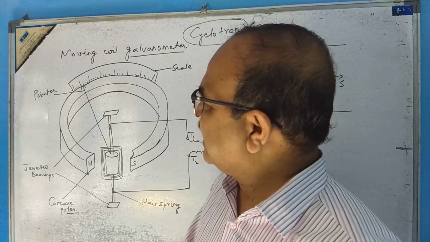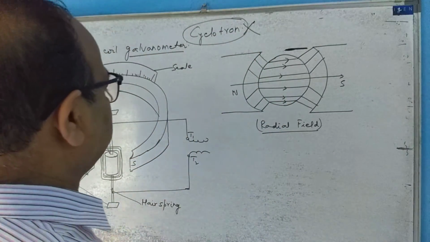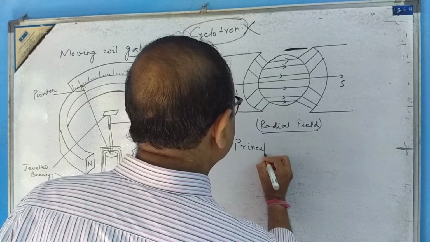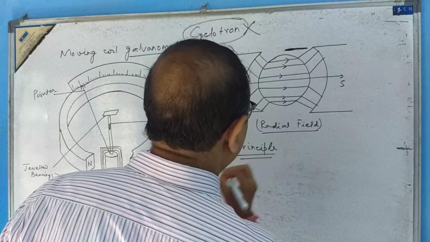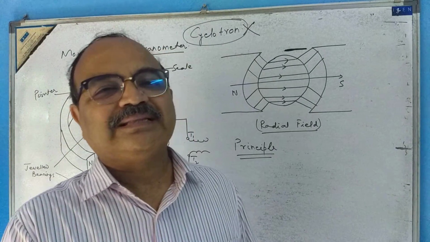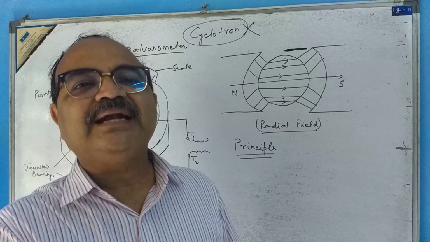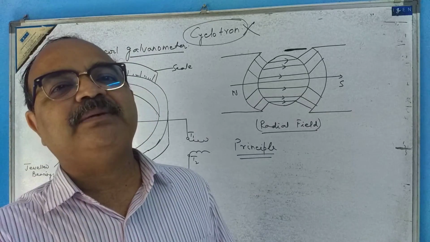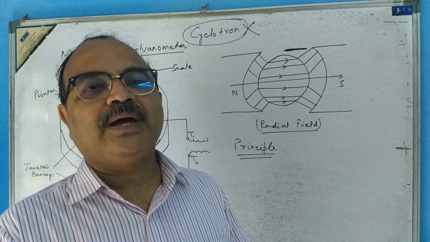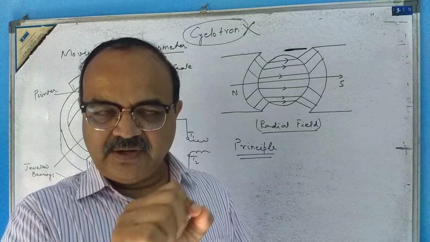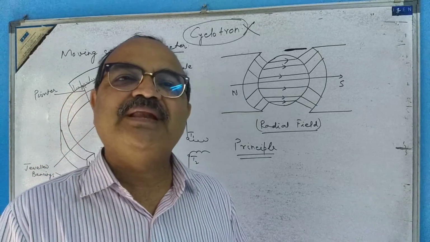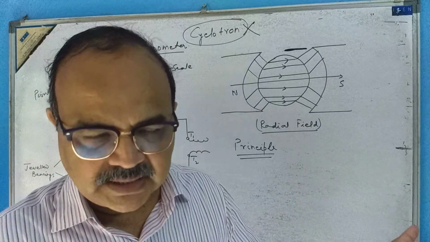As far as the principle of the moving coil galvanometer is concerned, it is based on the principle that when a current carrying coil is placed in a magnetic field, it experiences a torque, which we have already discussed.